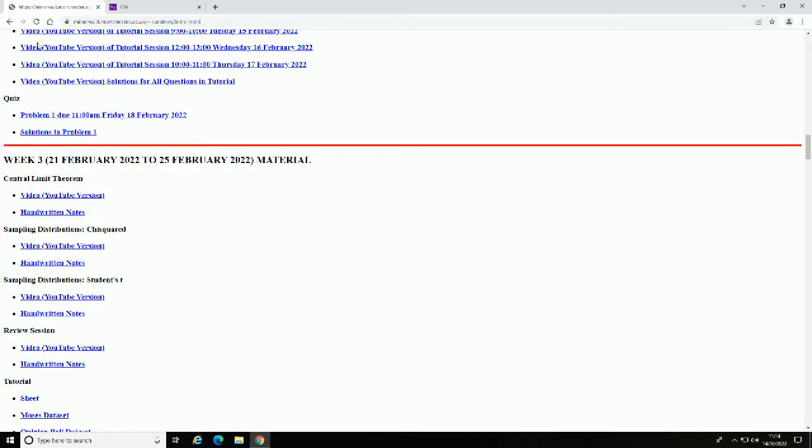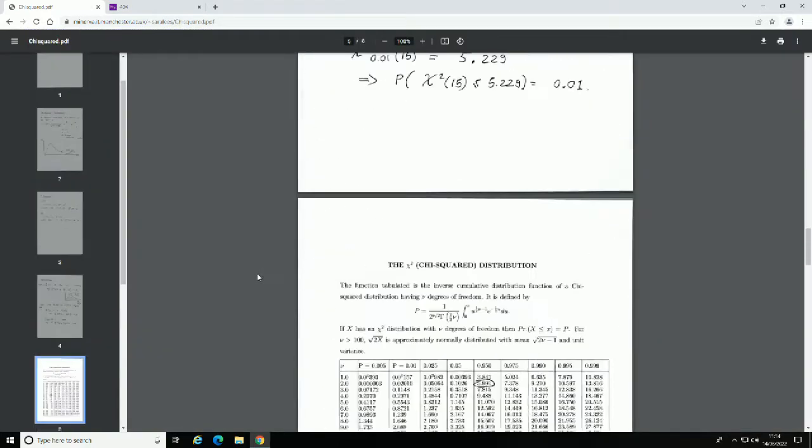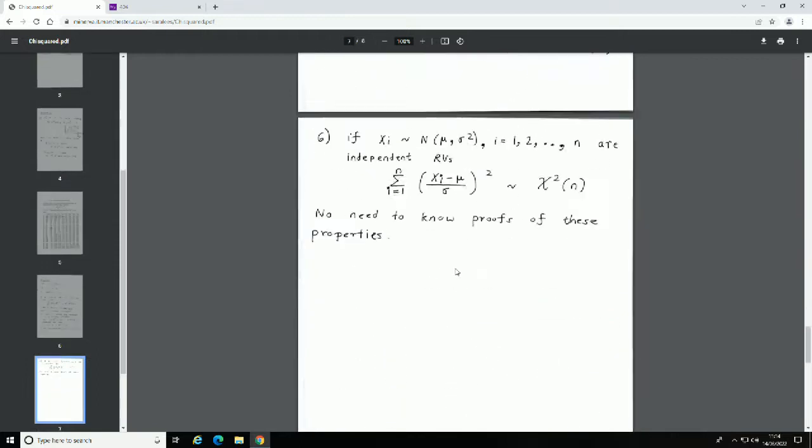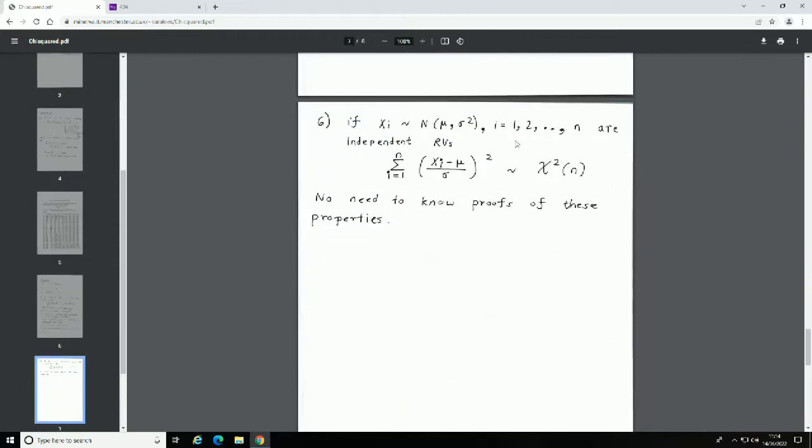This is big 3, right? And if you look under the chi-square distribution, one of the properties we talked about is this one, property number 6, which says that if you have IID normal with these parameters, then this guy here has a chi-square distribution with n degrees of freedom.